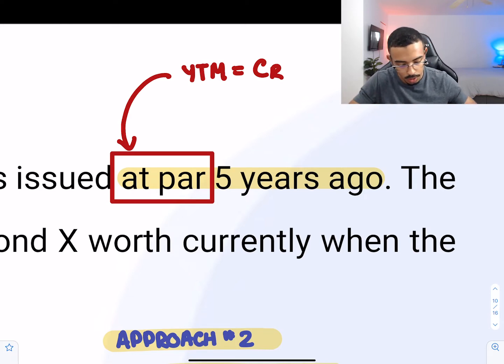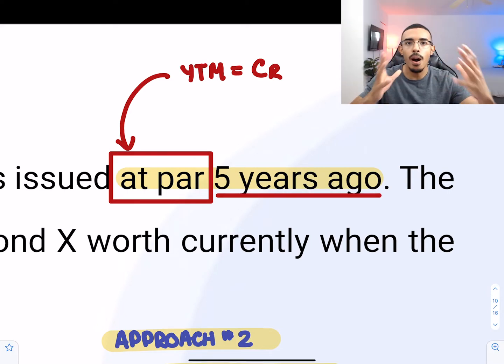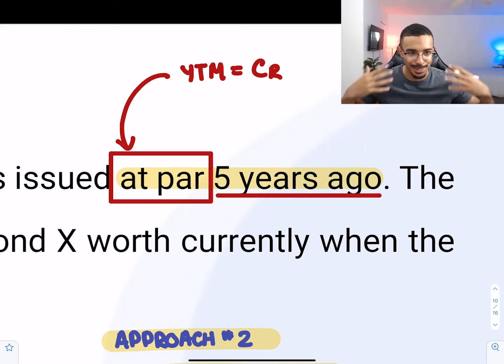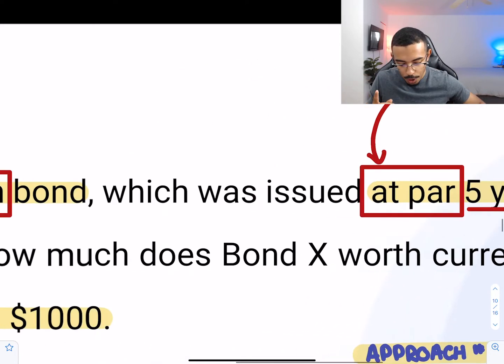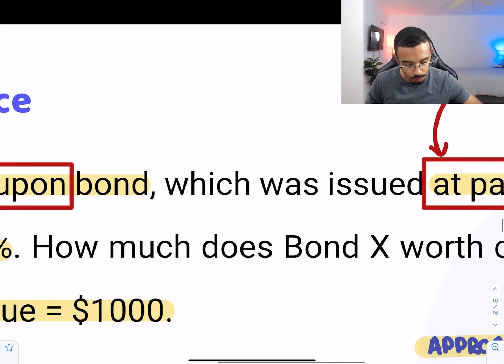And we also state right here that our bond was issued 5 years ago. But remember, at the very beginning, we said that this was a 10-year bond. So what does this mean for us? And let me give you a quick visual representation so that you understand how we should apply this to our question.